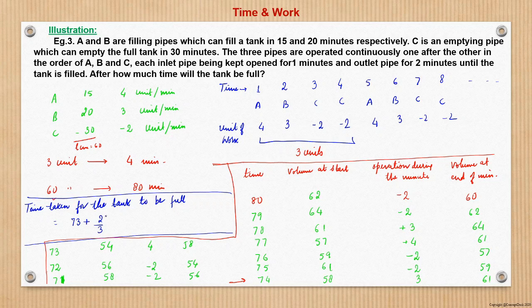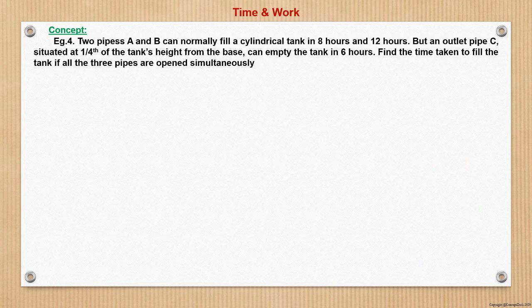So to do 2 units, it takes 2 by 3 minutes. So this is nothing but 73.67 minutes, which is the answer to this question, right? So this was a very good question, and the way we approach the question, we have seen here. So hope this was clear enough.